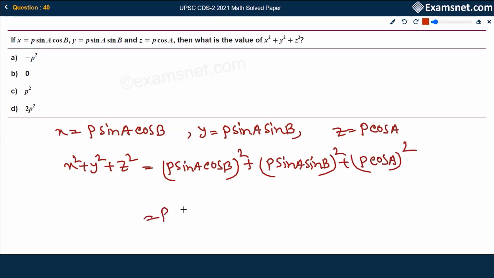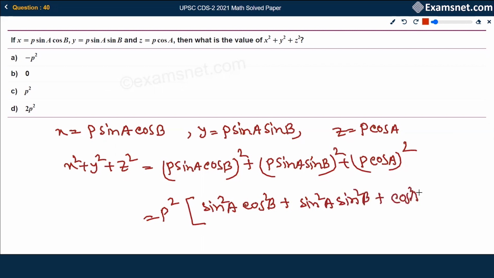We can take p square common from all the terms. So it will be sin square a cos square b plus sin square a sin square b plus cos square a.